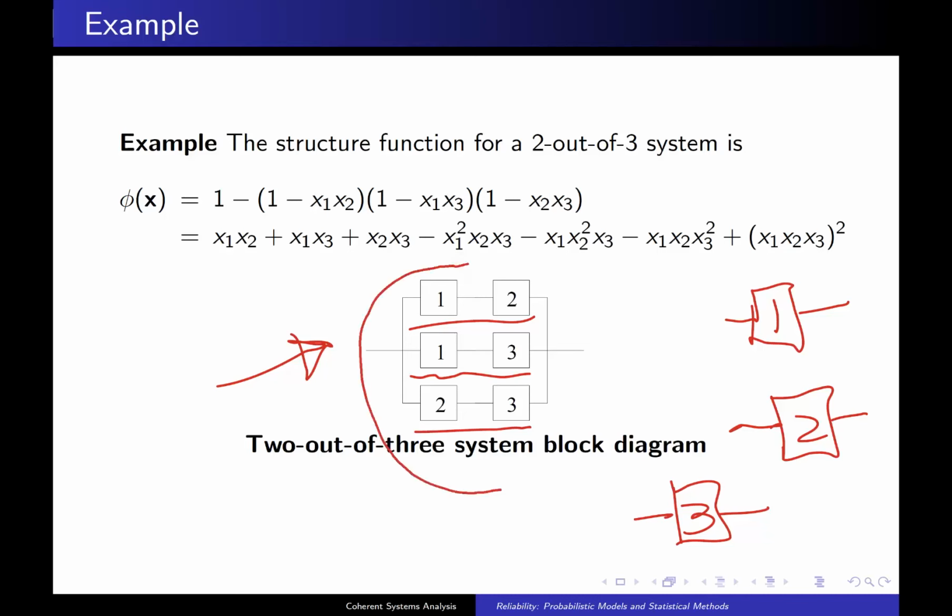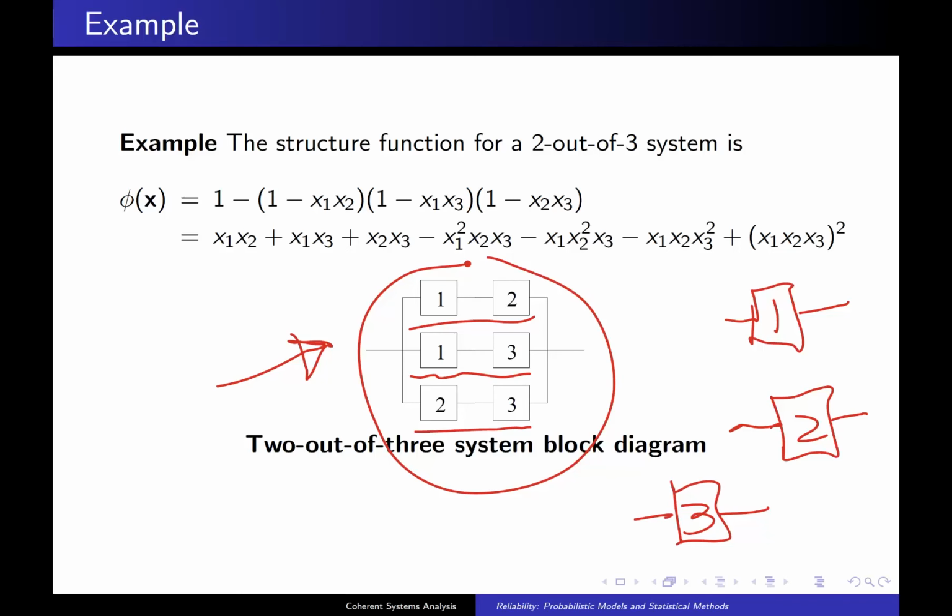Once it's written, or I should say drawn in this fashion, then it's pretty easy to write down the structure function. This is at its essence a parallel system of 3 two-component subsystems.